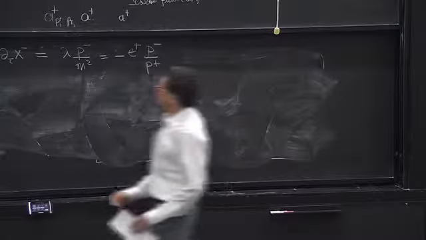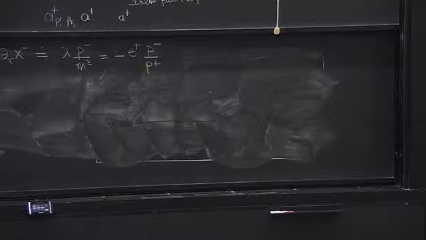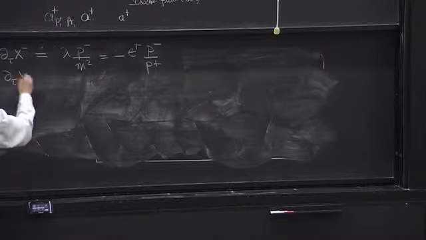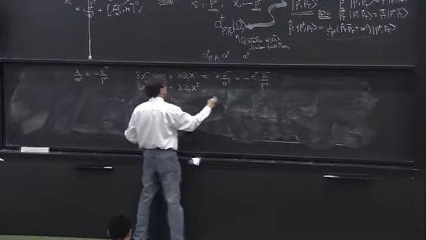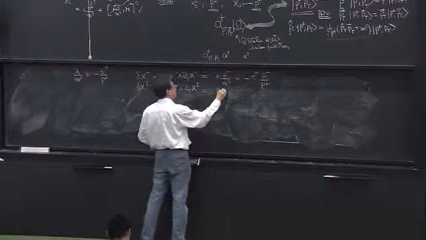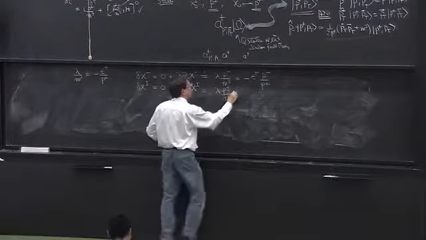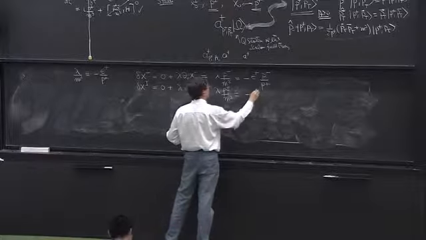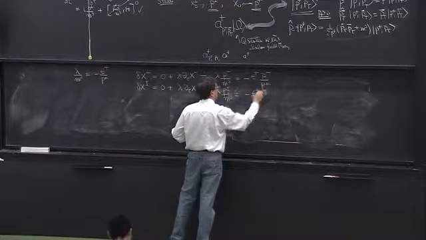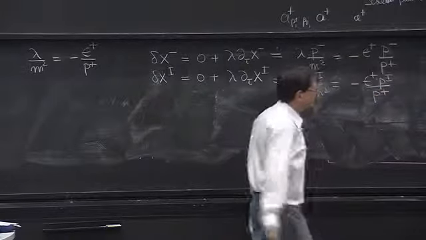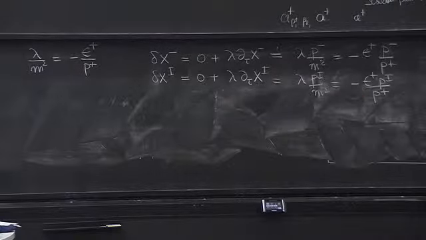Similarly, for δξ, it wouldn't translate it, but the reparameterization holds ∂_τ ξ, so this should be λ. ∂_τ ξ is π over m², so you get minus ε⁺ π over p⁺, which is the other one.